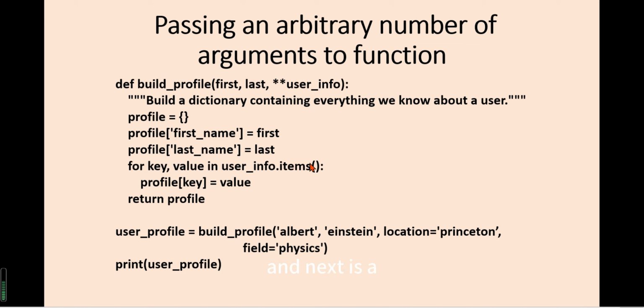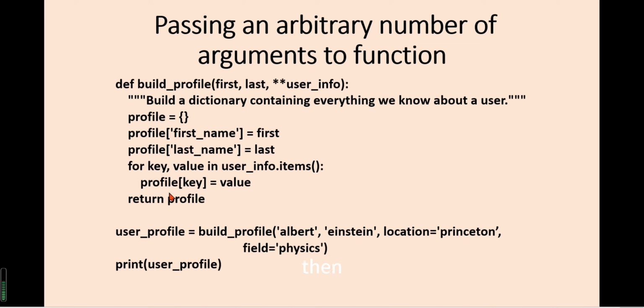And next, a loop: for key, value in user_info.items(). User_info is a dictionary automatically created inside the function because we use a double asterisk. So user_info.items() will return a list of key-value pairs.